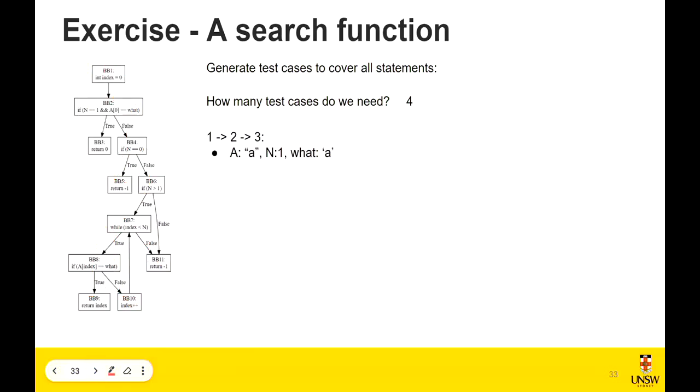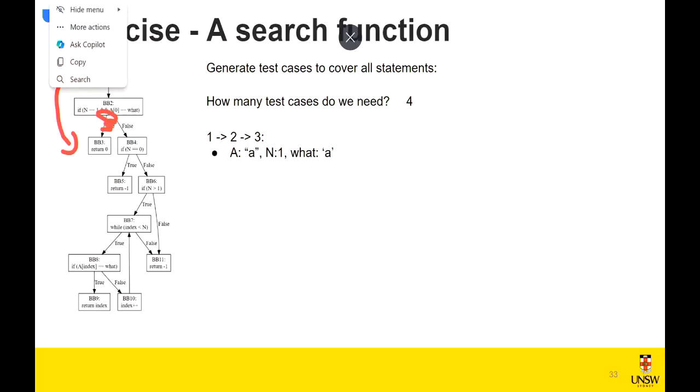And we can think about these 4 test cases one by one. If we want to cover 1, 2, 3, we need to satisfy the first. We just need to satisfy one condition here to make the condition of basic block 2 true.